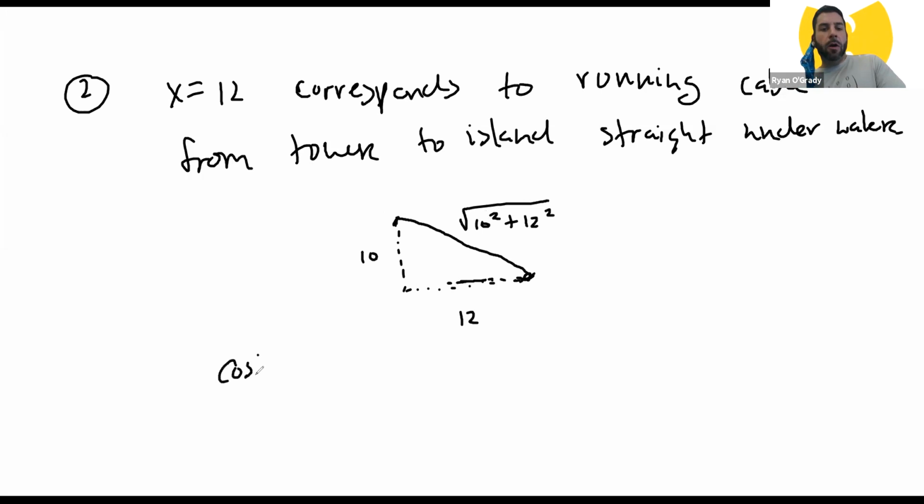So here the cost, since it's all underwater, will be, what did I say the cost was? I already forget. Was it 2,500? 2,500. So how many miles is it? It's the square root of 100 plus 144 times the cost, which is 25.